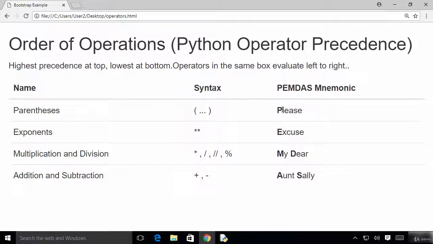You need to remember the first letter of each word. P here stands for parentheses, E here stands for exponent, M and D here stand for multiplication and division, A and S here stand for addition and subtraction. So for remembering, you can either use this sentence or you can remember this keyword.